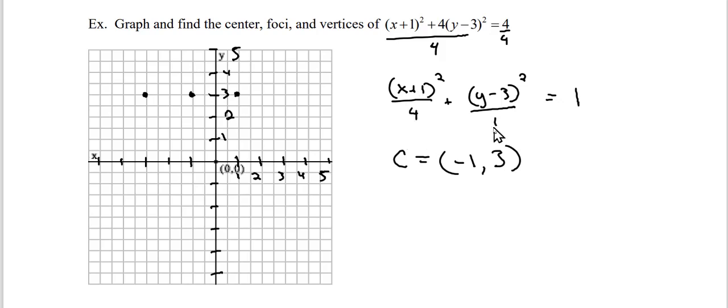Here, 1 is under the y term. The square root of that is 1, so I'm going to go a distance of 1 vertically. Notice to find these vertices: 1, 3 and -3, 3.